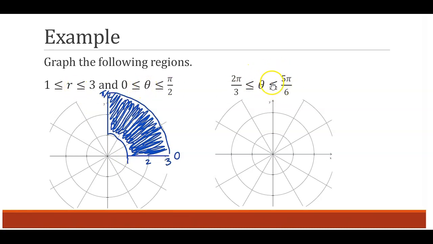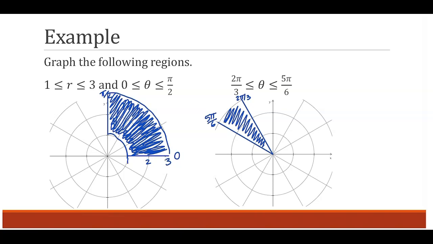And then over here, let's just think about what happens if we're restricting the angle theta to be between 2 pi over 3 and 5 pi over 6. So let's recall both of those angles would be over here in quadrant 2. So this is 2 pi over 3 and this is 5 pi over 6. So we're talking about our angle being always between, less than or equal to, so I'm drawing them as solid lines, between 2 pi over 3 and 5 pi over 6.